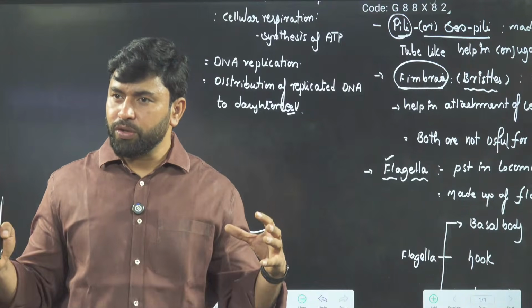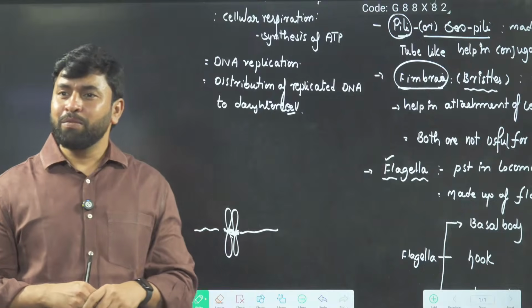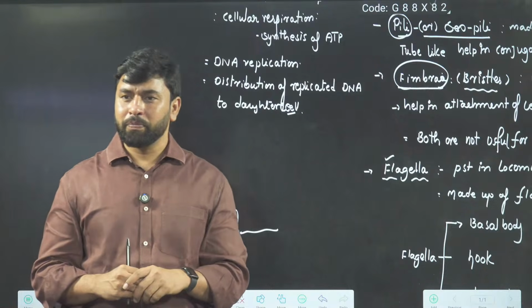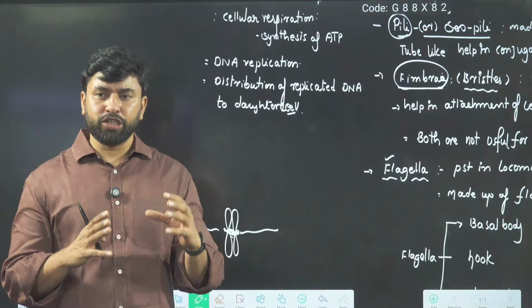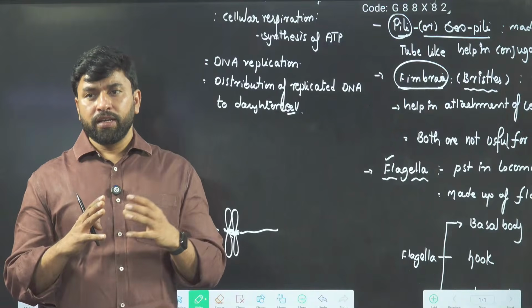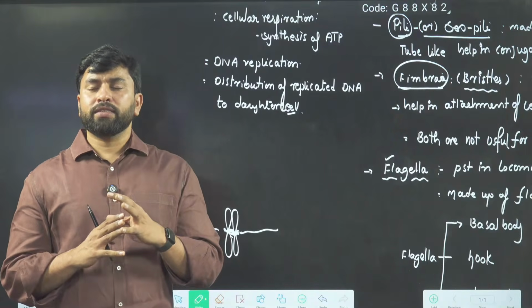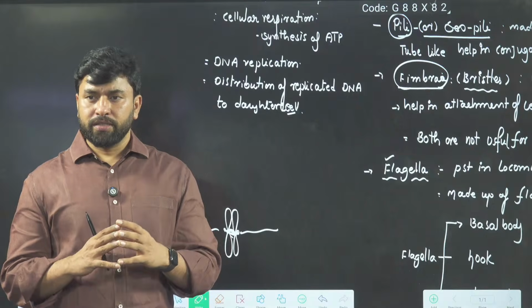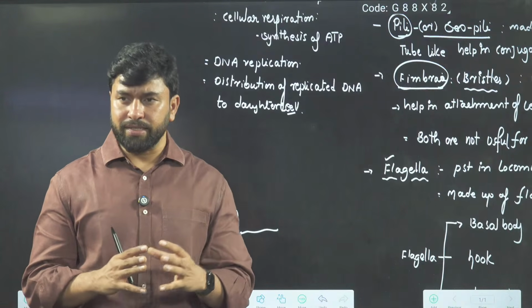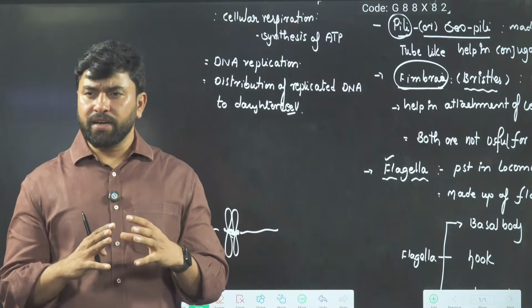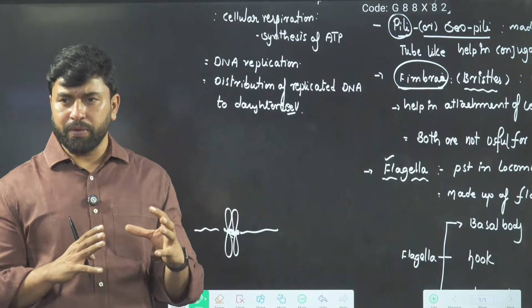This much long story is not possible in prokaryotic cells. Why? There is no concept of spindle fiber formation. If you recall, prokaryotic cells undergo amitosis, which means there will be no formation of mitotic threads. Mitotic threads are absent in the prokaryotic cell.